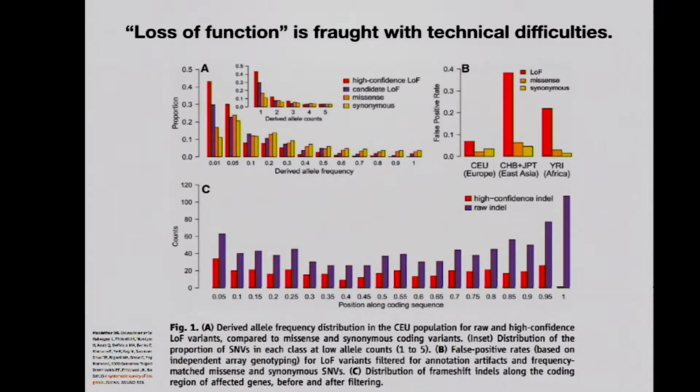So you're going to use a tool like SnpEff or VEP that we're going to talk about more tonight and later this afternoon. But you really need to take an extra step and ask, where in the transcript does this frameshift actually occur? If it's in the terminal part of the transcript, it may not be loss of function.